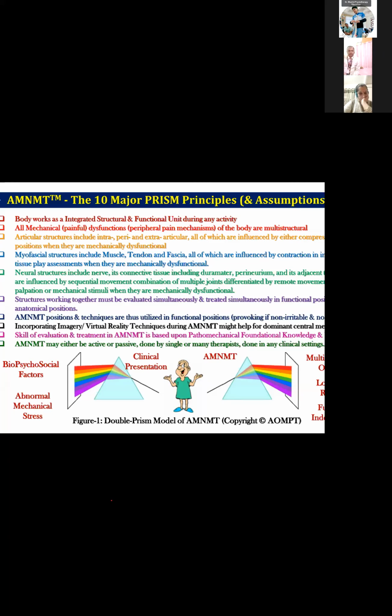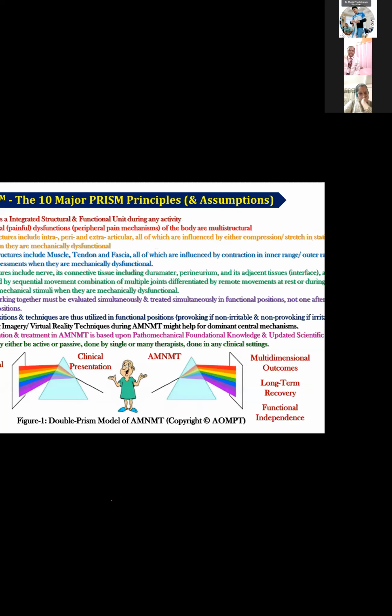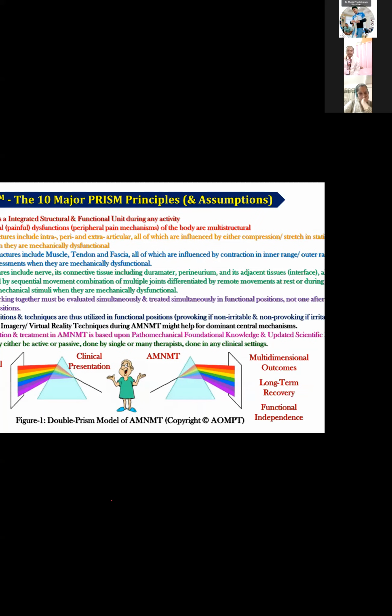Of course, the biopsychosocial factors related to the patient and also the altered mechanical stress, where multiple dimensions are involved. We cannot say which patient, which stress will create what problem. And then it creates a clinical presentation which indicates the orthomyo-neuromanual therapy, which actually reverses the PRISM effect in order to get multidimensional outcomes of pain relief, functional improvements, and also enhanced quality of life.